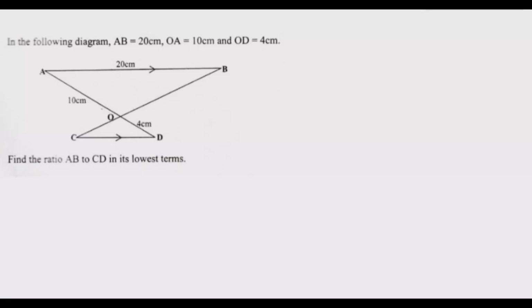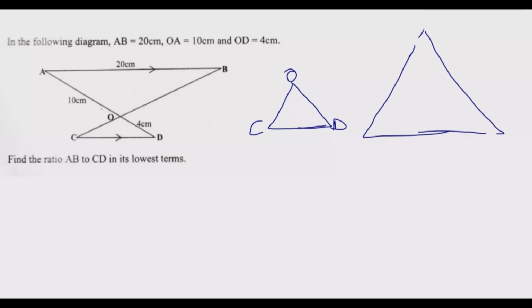So let's draw first the smaller triangle. We have got a smaller triangle which is like this. We can say this is C and this is O and then this is D. Then we can also draw the bigger triangle. I'll try to draw it bigger than this one. If it's not big, just know that we're drawing the bigger triangle.